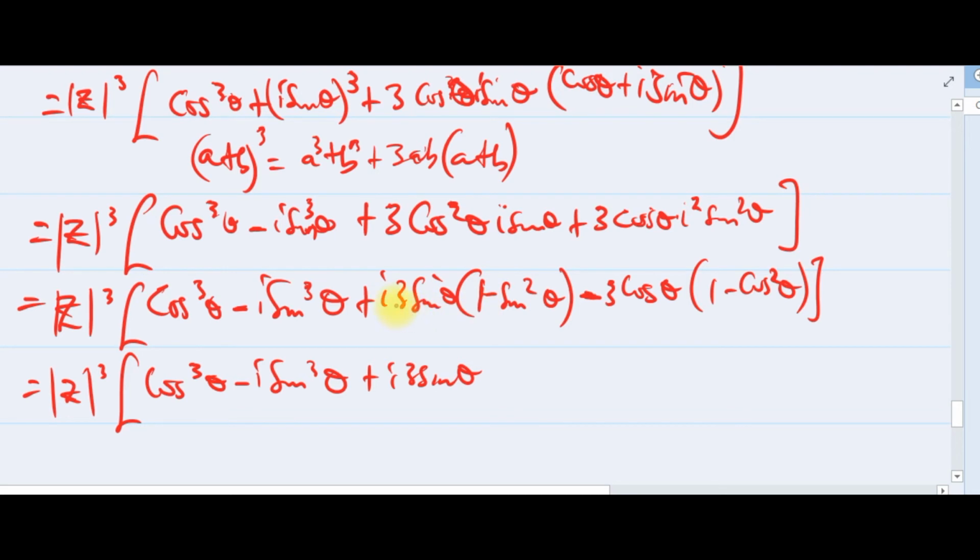Remember, this is 1. So minus i 3 sine cube theta. Then 3 cos theta plus 3 cos cube theta.